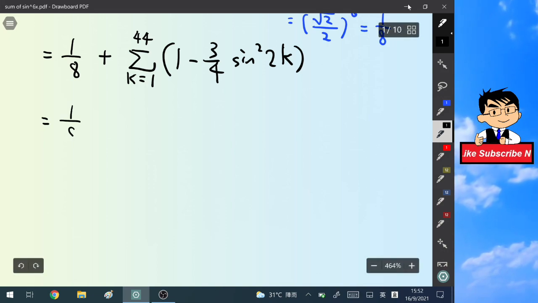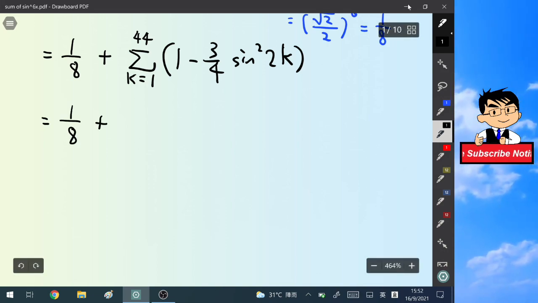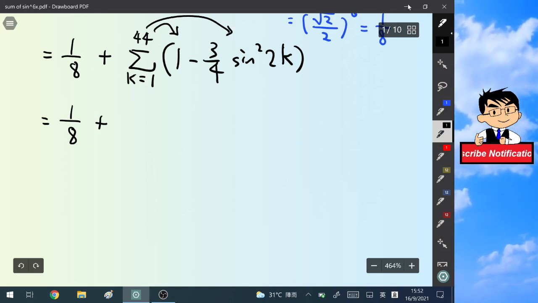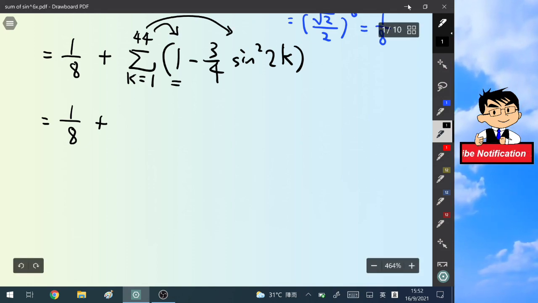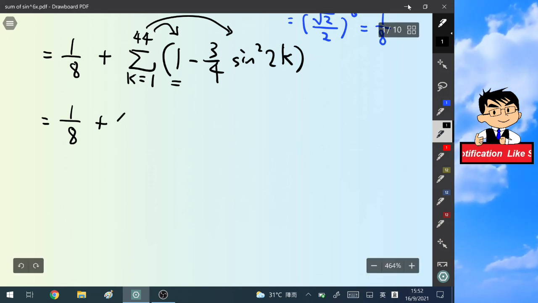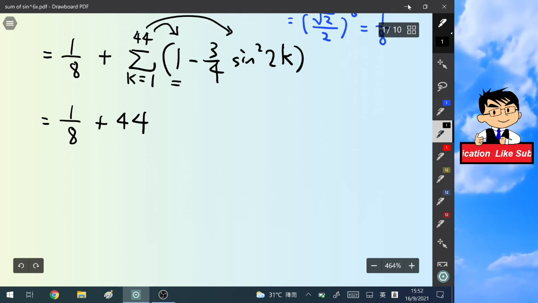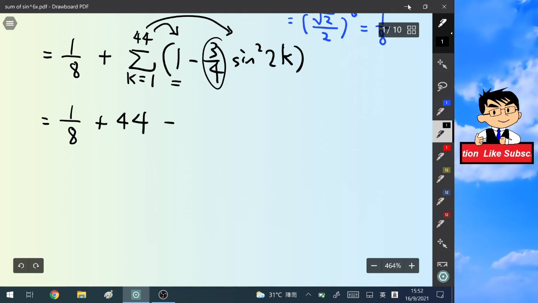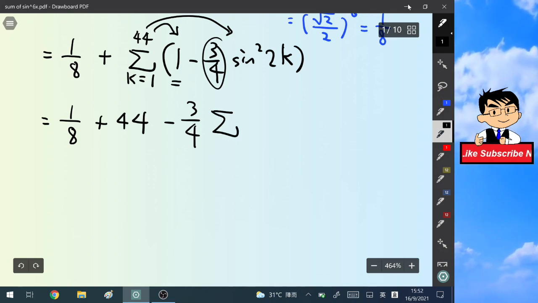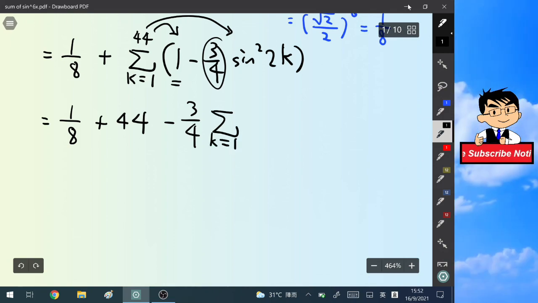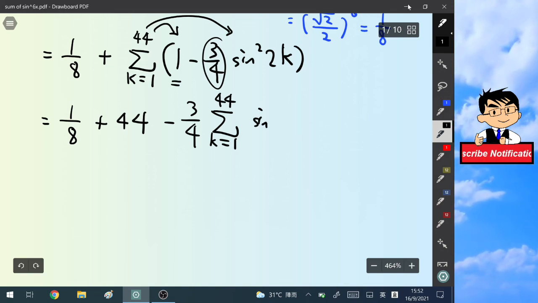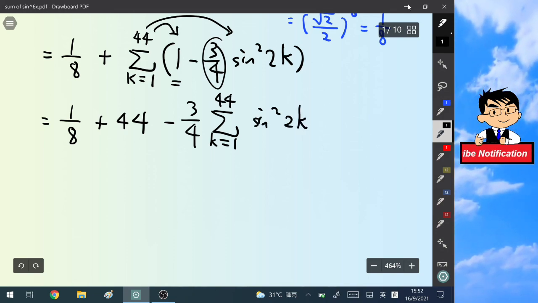And so we can further simplify these expressions. And the 1 over 8, we put it here, and then the summation can go inside the two terms. So for the first term, we are summing 44 ones. So we are plus 44 here. And then minus the constant term 3 over 4, we write it in the beginning. And then we are going to do the summation from k equals 1 to 44 sine square 2k.